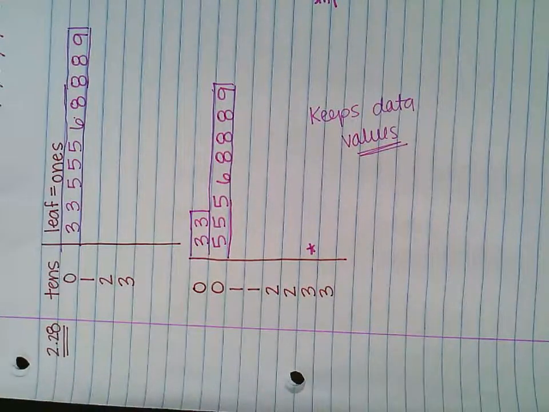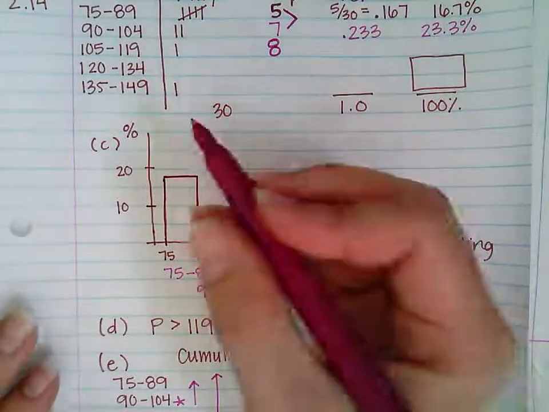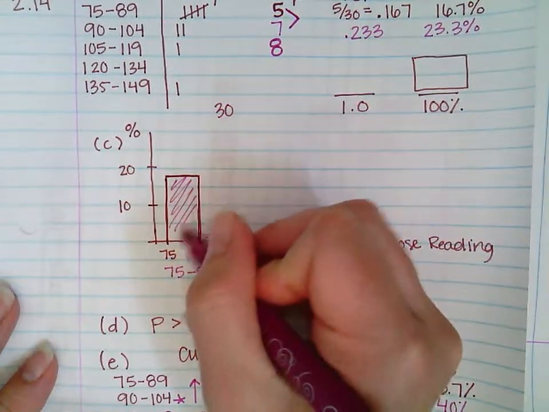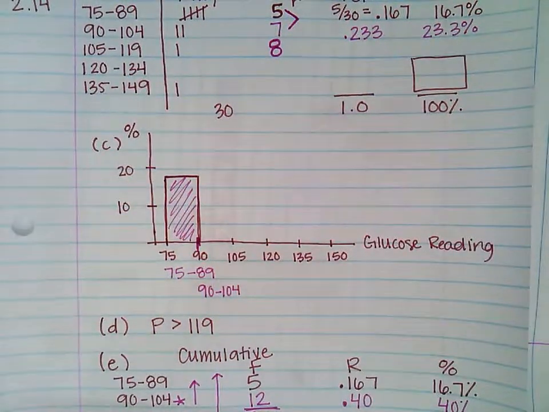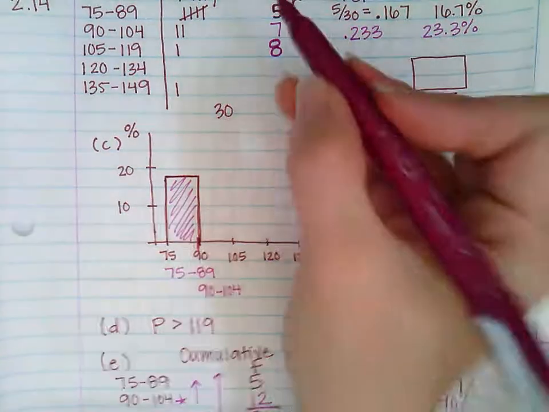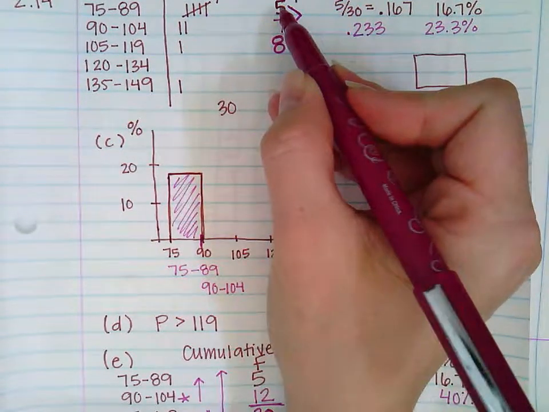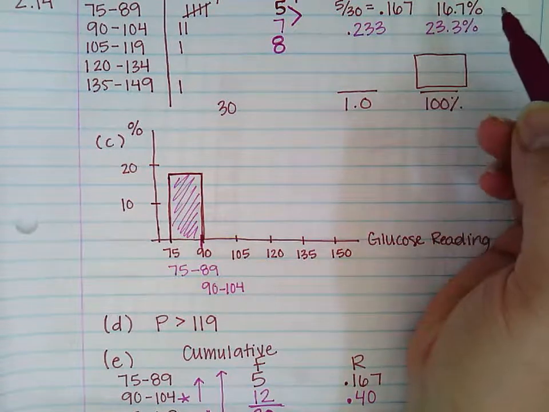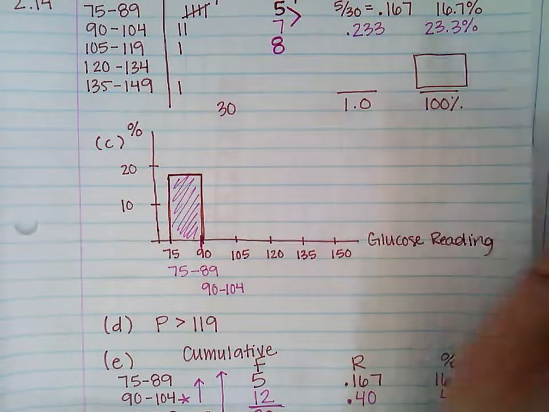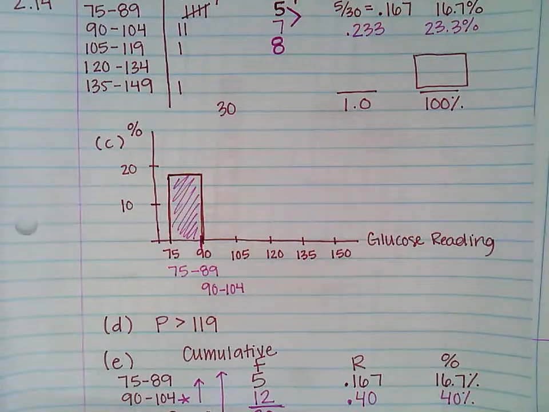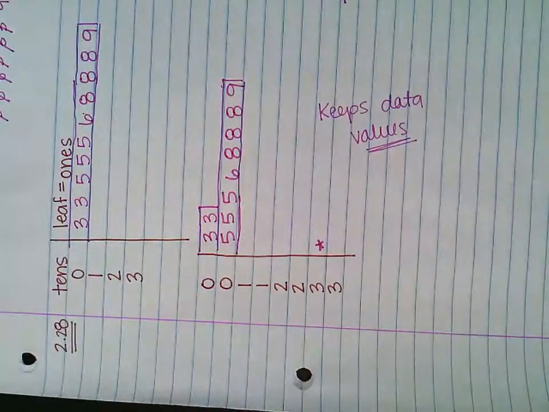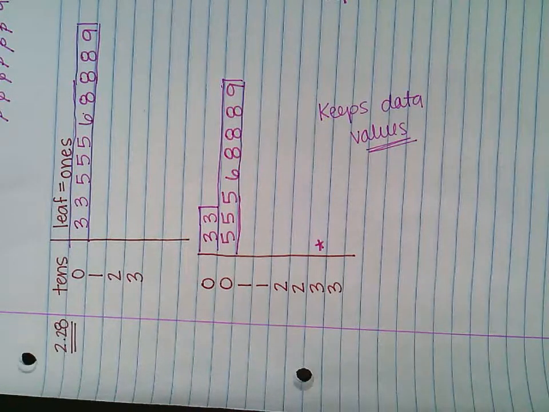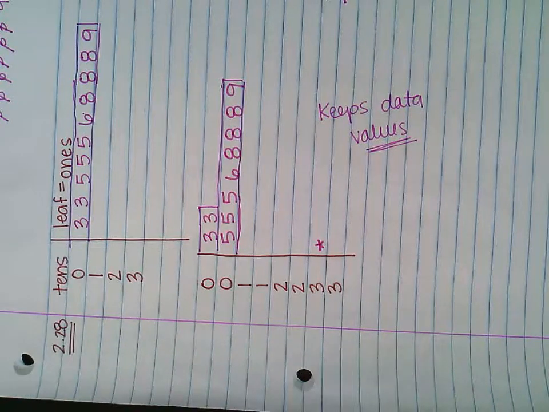Okay, when we create a histogram like we did on this first one, I no longer know what the values are in that bin. I know that there's 5 data points in it. I know that it's 17% of the data, but I don't know what the actual data points were anymore. I'd have to go back to the table to reference that. Whereas in a stem and leaf plot, you actually keep all the data values, okay?